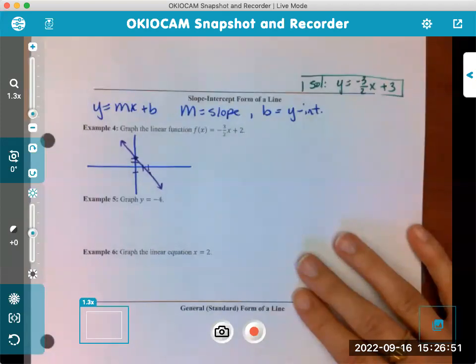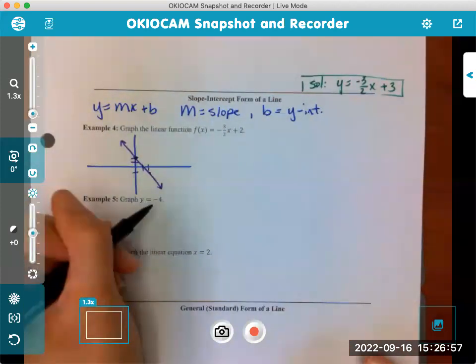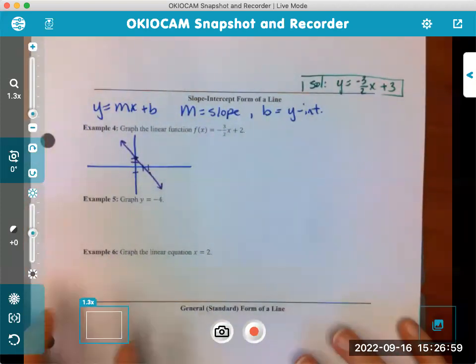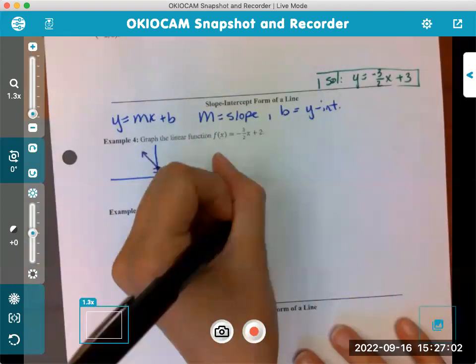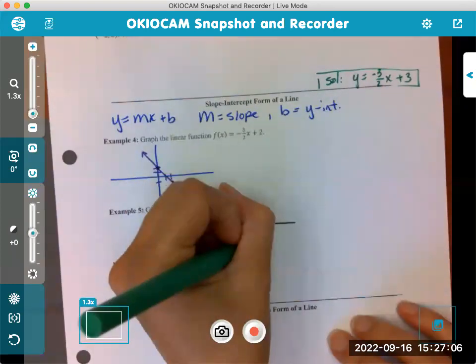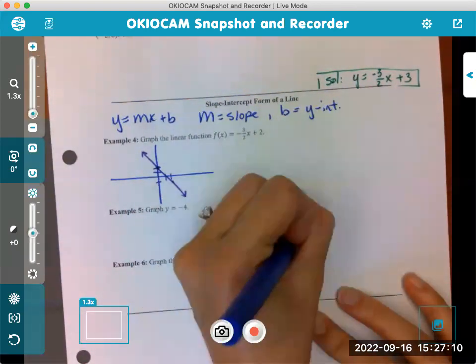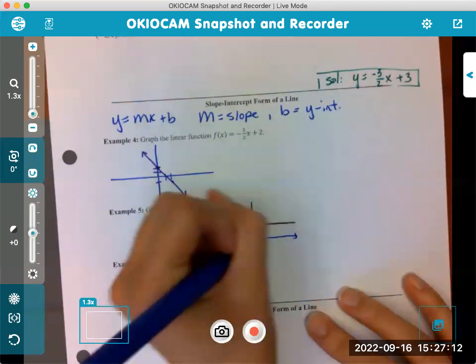So 5 is to graph y equals -4, 6 is to graph x equals 2. Well, what kind of line is 5? Horizontal. So if I just mark that at -4, this just says my y is always -4.